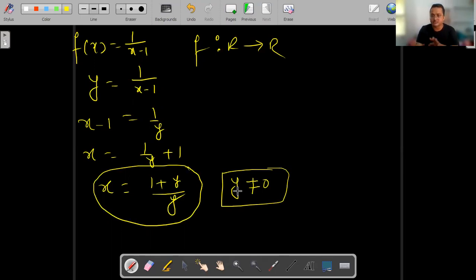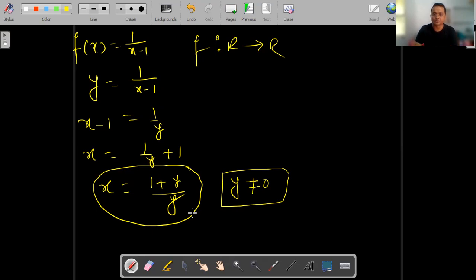If it is undefined, then we cannot say this is an onto function. Hope it is clear.